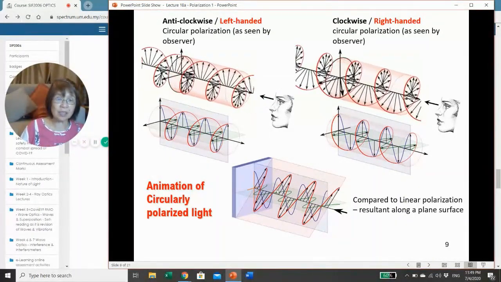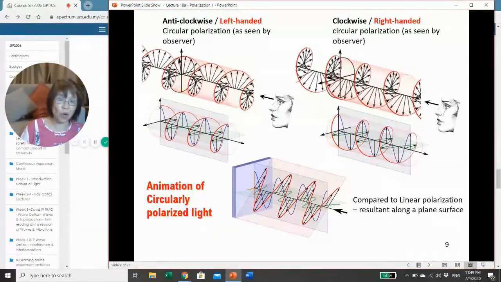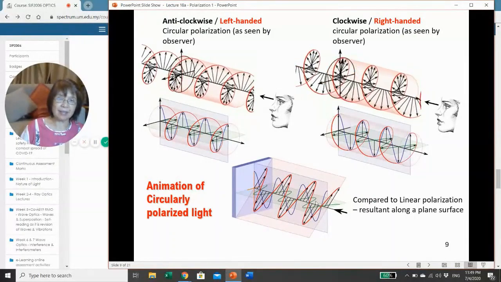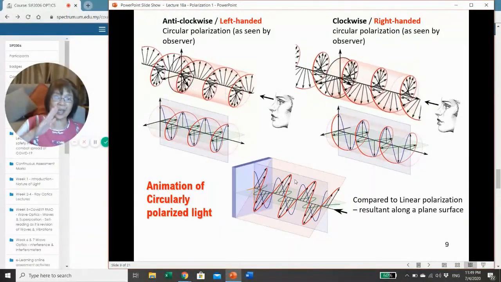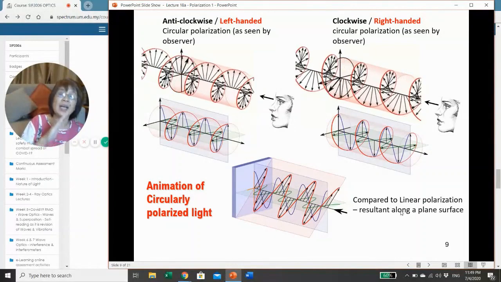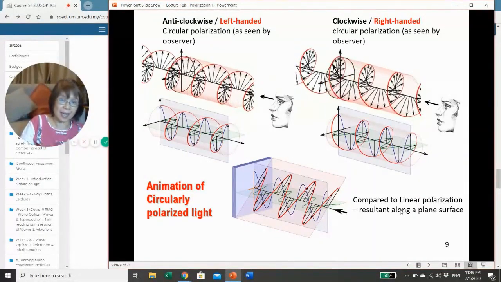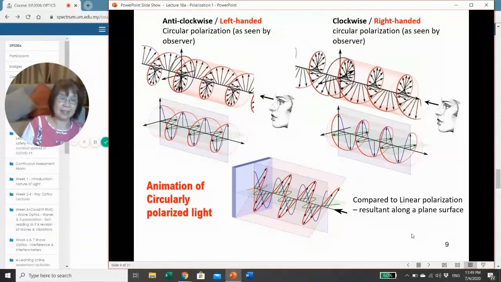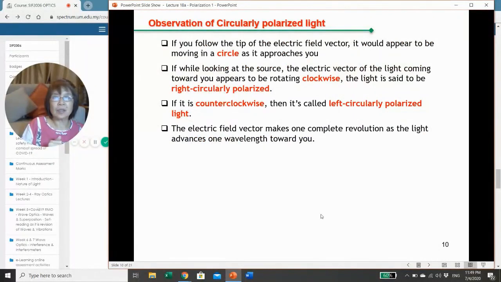So the resultant will always be this red plane. So it is inclined at a certain angle. So what results will be a linear polarized light in this case. So this is what we have explained just now. What you see would be the electric field vector will make one complete revolution as the light advances one wavelength.